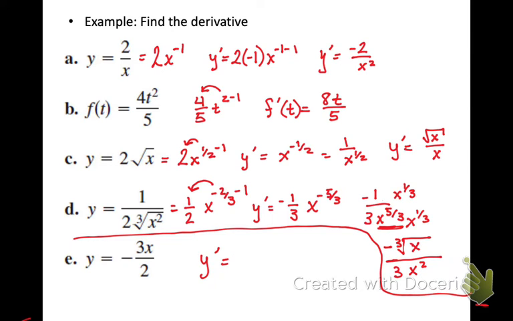Does everyone else agree with that? Because 1 times 3/2 would be 3/2, right? And 1 minus 1 is 0. And anything to the 0 is 1. So this would be 1 minus 1, so it'd be 0, so it'd be 1.